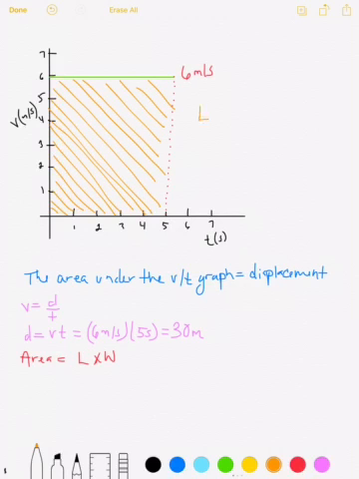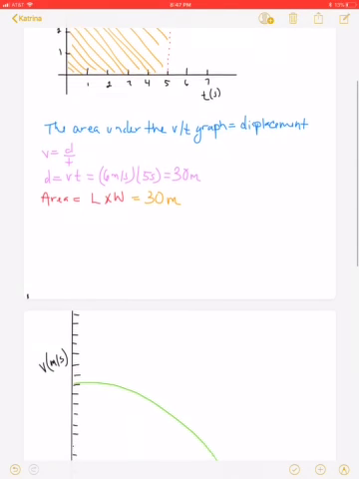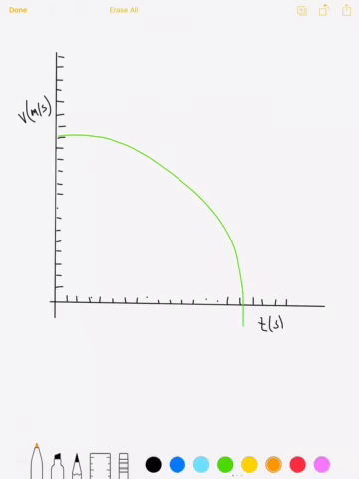But so we have length times width is equal to 6 meters per second times 5 seconds. And that would give us the same thing. It gives us 30 meters. Okay, so that's why length times width, or the area under a velocity time graph, gives you displacement.